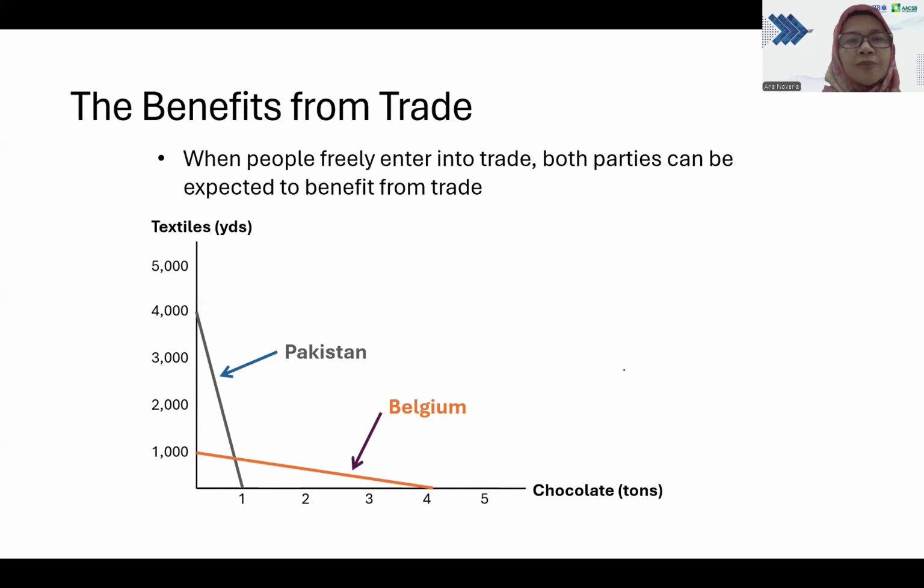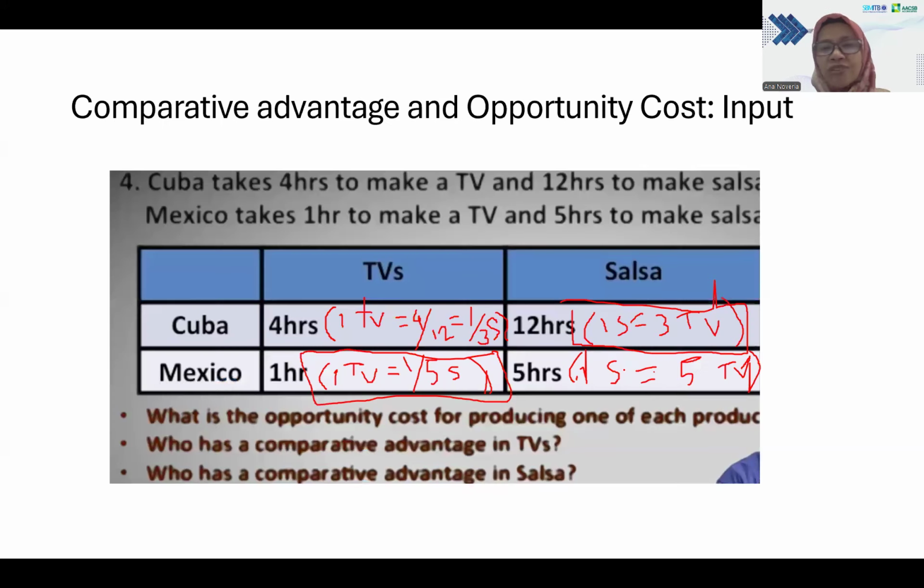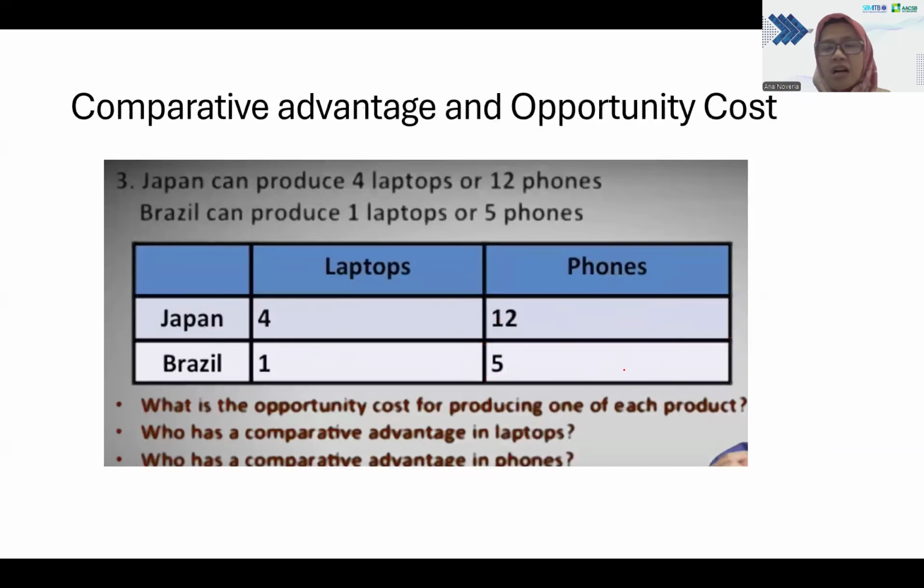Okay, now here we will see benefits from trade, due to the concept of comparative advantage. So countries can still trade.